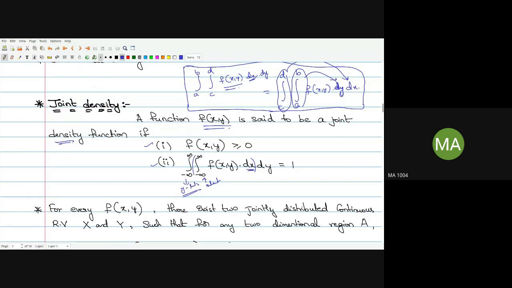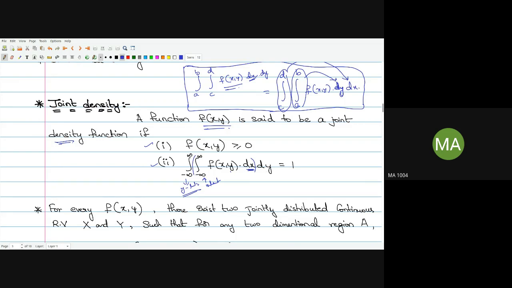First we have to integrate along dx by treating y as constant, and we substitute the limit values of x, and then we will have a function with only the variable y, or it may not have y also. Then you have to integrate with respect to y. So first integration happens for the inside variable and then the outside variable.